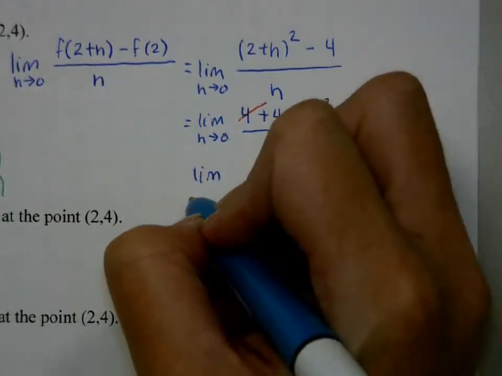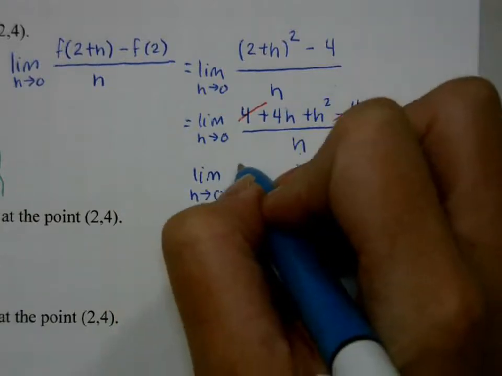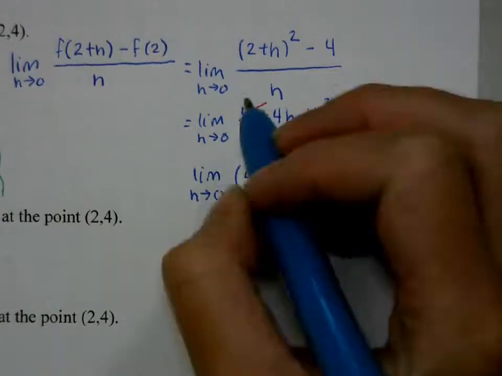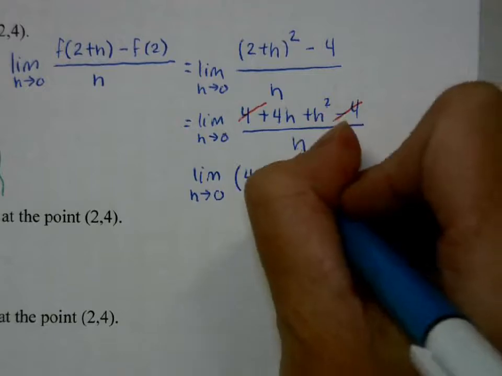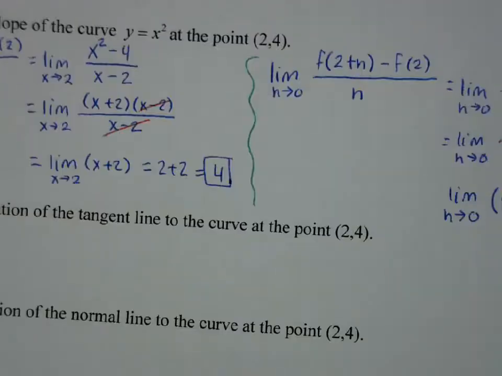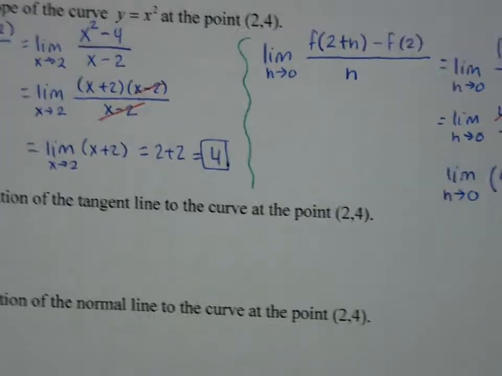Which will leave me with 4h over h is 4, and h squared over h is h. As I go to 0 is 4, which is excellent news since it's the same as what we got from this formula. So either formula works just fine, and we will be coming up with actual rules to find these derivatives, but right now we're using limits.